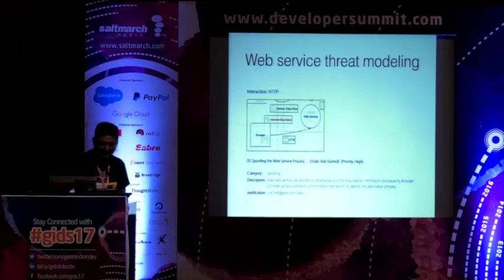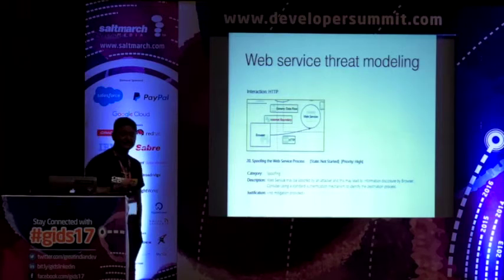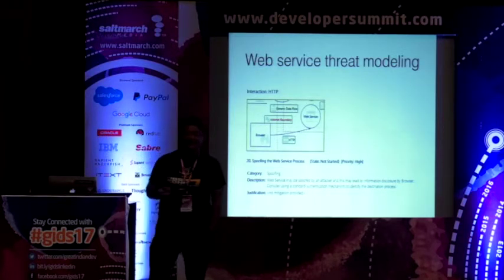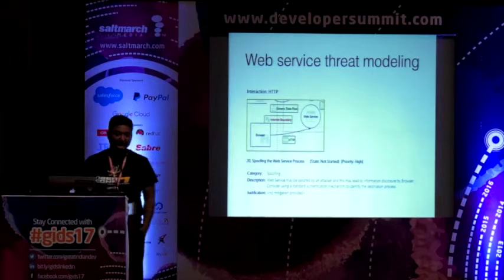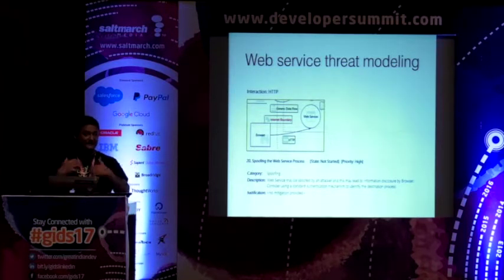Another thing you can do is threat modeling. Threat modeling is a really cool way of connecting because you are calling web services. So you have to create a threat model for your REST APIs and basically find out if there is any risk behind them.